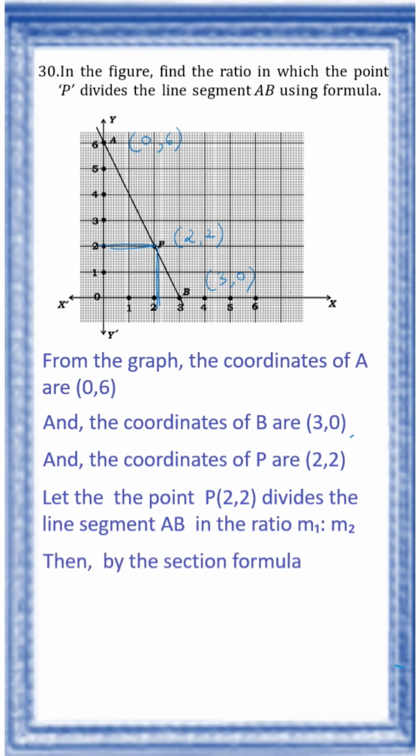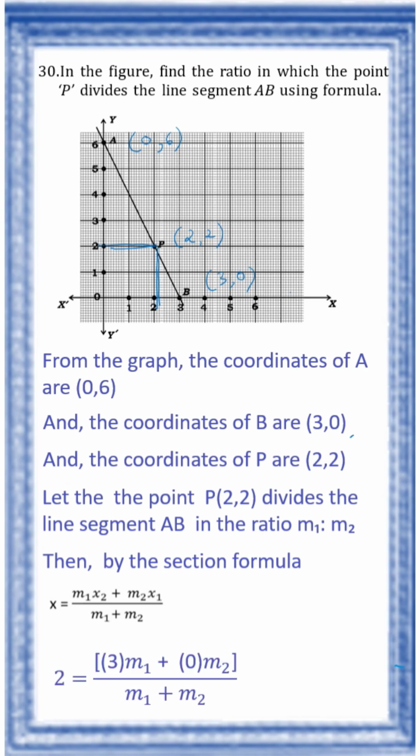Then by section formula, let us apply only x coordinate here. x is equal to m1 x2 plus m2 x1 upon m1 plus m2. Here we know x2, x1, and also x is 2 here, x2 is 3, x1 is 0.